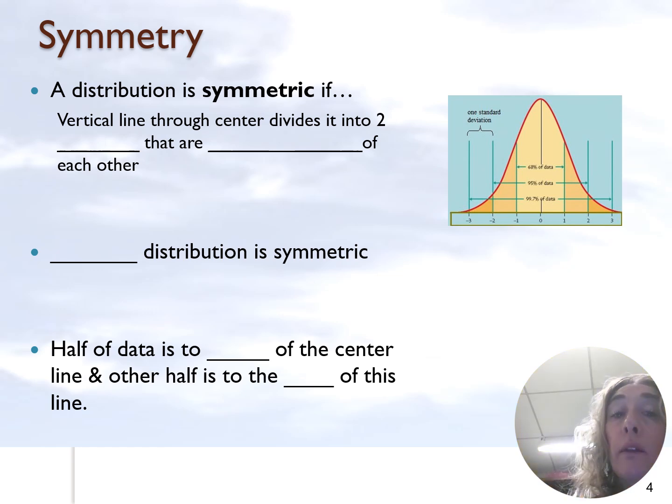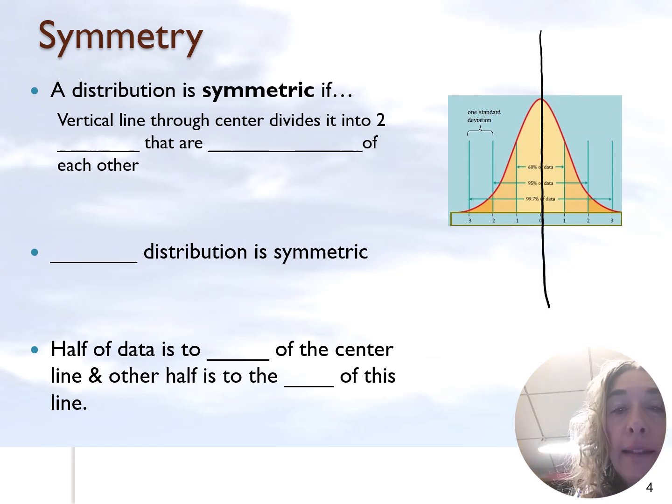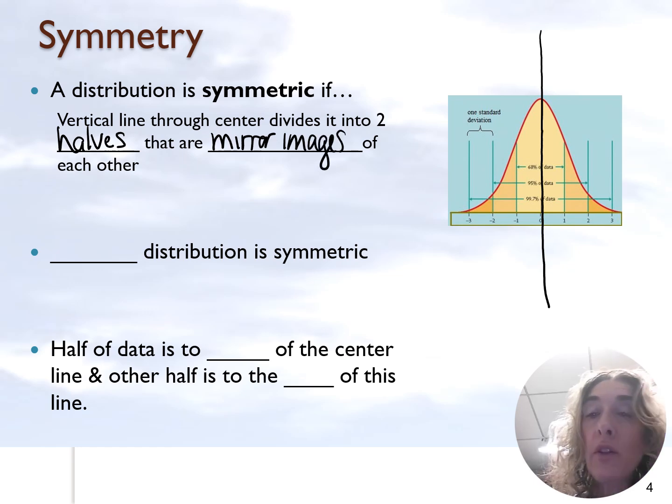Concept of symmetry. A distribution will be symmetric if a vertical line through its center divides it into two halves that are mirror images of one another. So picture those two halves kind of folding nicely together if that vertical line serves as an axis.